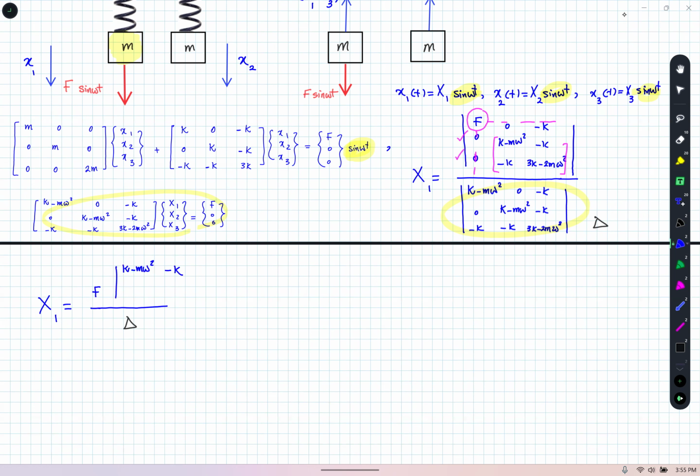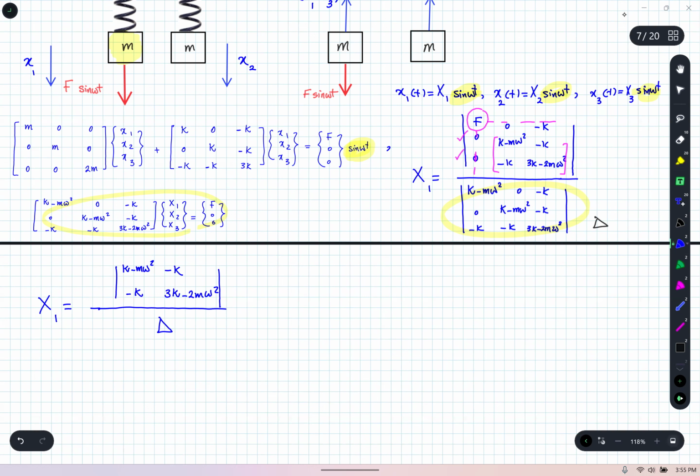If you forgot the matrix multiplication, please go back and check some of your past notes, or maybe on YouTube you can find a nice video that explains how to do this for a 3 by 3 matrix. 2 by 2 is easy, 3 by 3, right? Which is actually very straightforward. You just have this f multiplied by that 2 by 2 matrix, and the rest are 0, so we don't worry about them. If they were not 0, we repeat the same process.